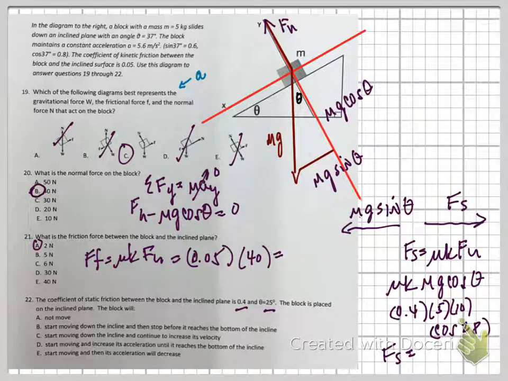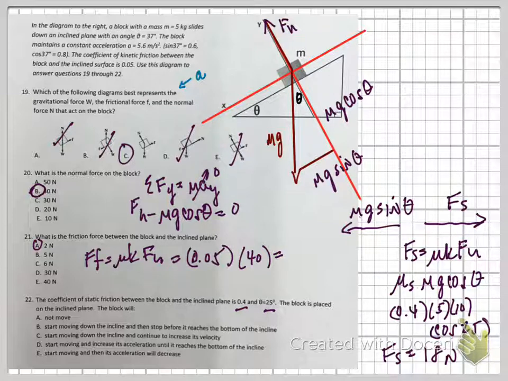Oops, by the way, this is not mu k, this is mu s. And this is not 28 degrees anymore, this is 25 degrees. Now we multiply that out, and we get 18 newtons.